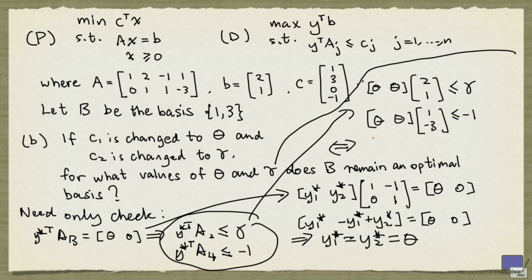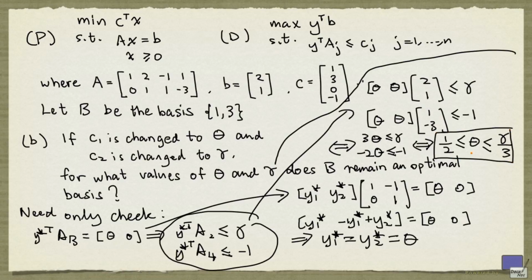And this is the same as saying 3 theta has to be at most gamma, and minus 2 theta is at most minus 1. And we can combine these to obtain a succinct condition on theta and gamma. So from the second one, we see that theta has to be at least a half, and from the first inequality, we get theta is at most gamma over 3. So B remains an optimal basis if and only if theta and gamma satisfy these inequalities.